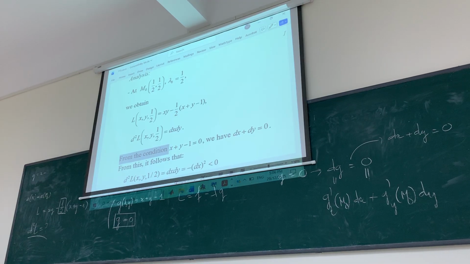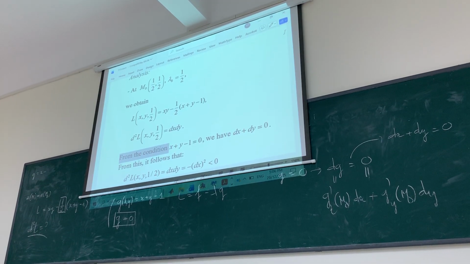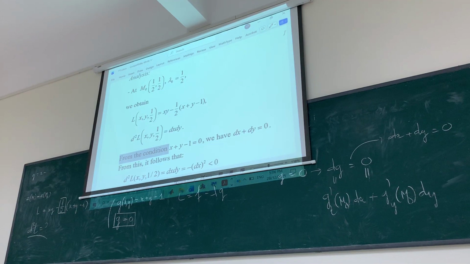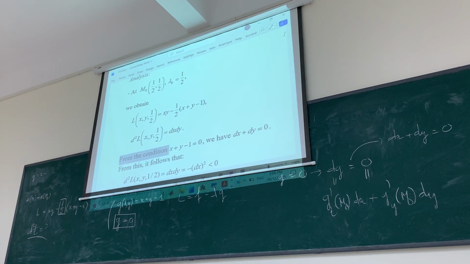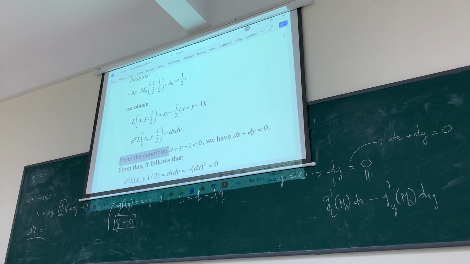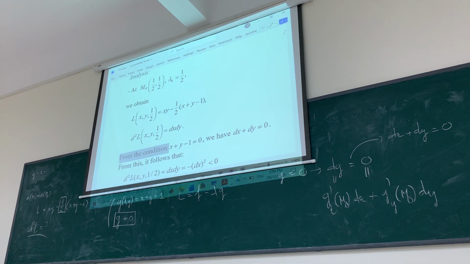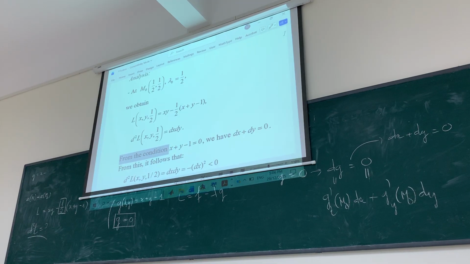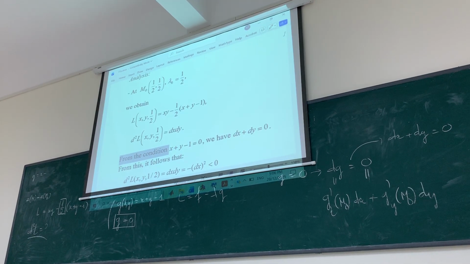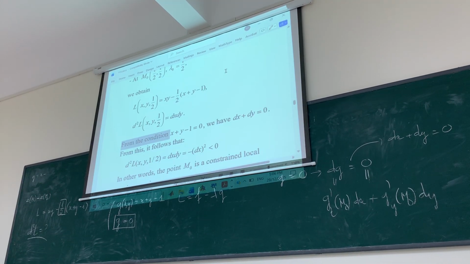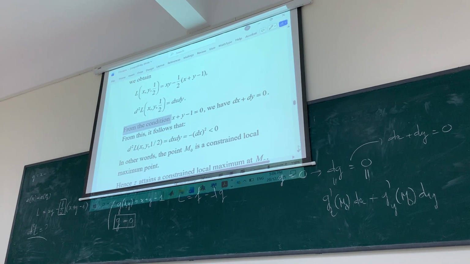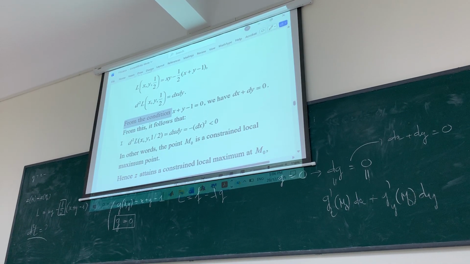Continue, we use some property related to d squared L to imply whether M0 is a maximum point or not. d squared L is negative.